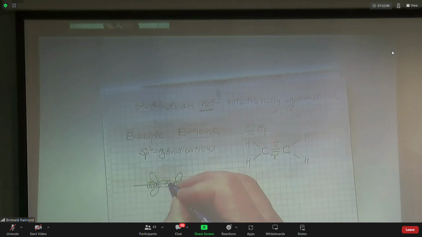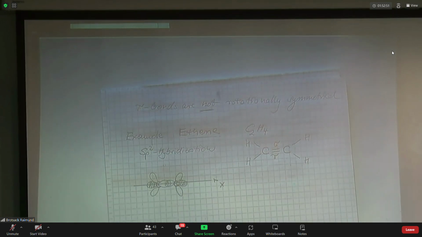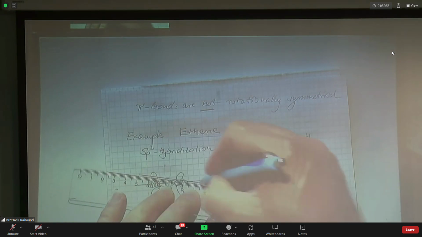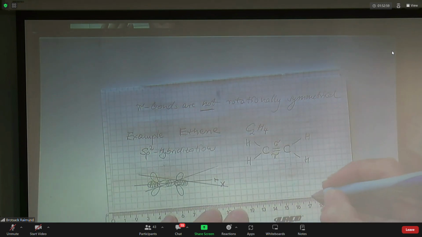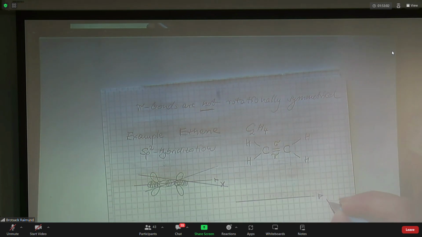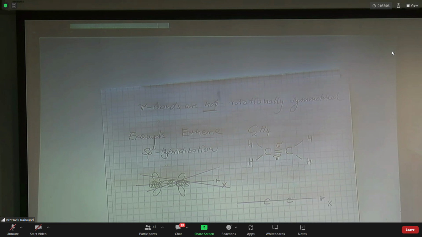So we have the overlapping area here. I will draw it once more because maybe it's confusing, sorry. Again, x-axis, we have 1 carbon, we have the second carbon, and we have these trigonal planar structures.